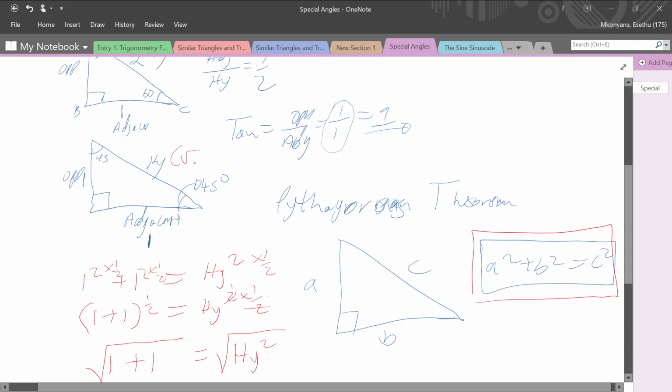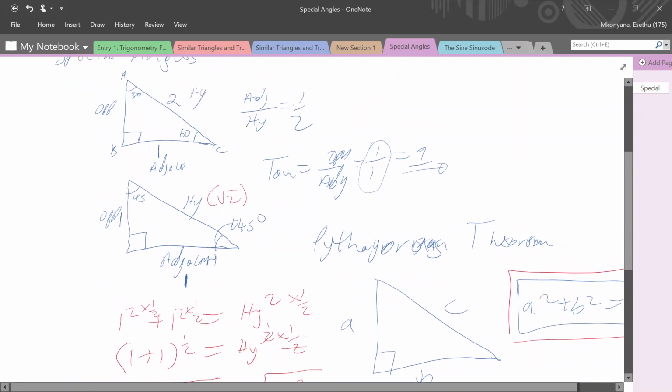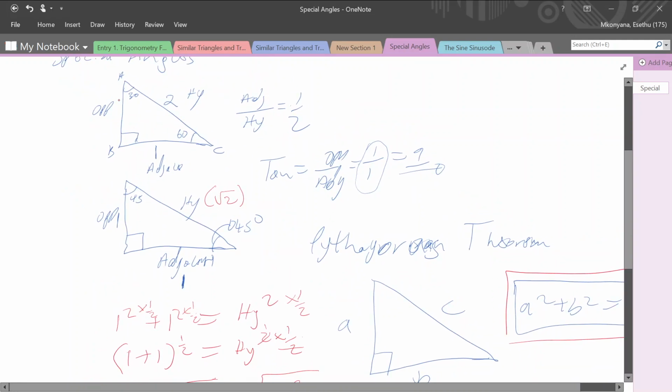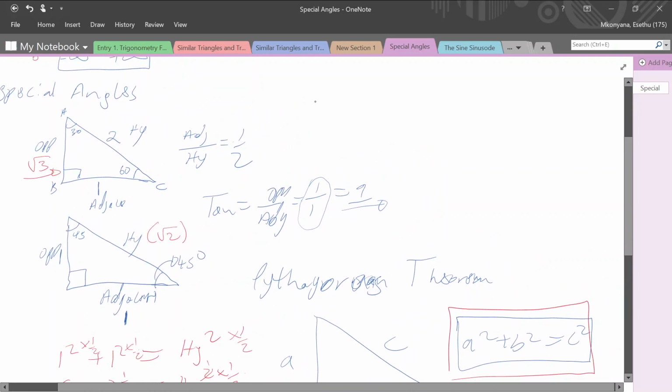Now you can go and calculate the opposite for that one, which will be root 3. We're saying this side here squared plus this side here squared is equal to 2 squared. We can say 1 squared plus opposite squared is equal to 2 squared.